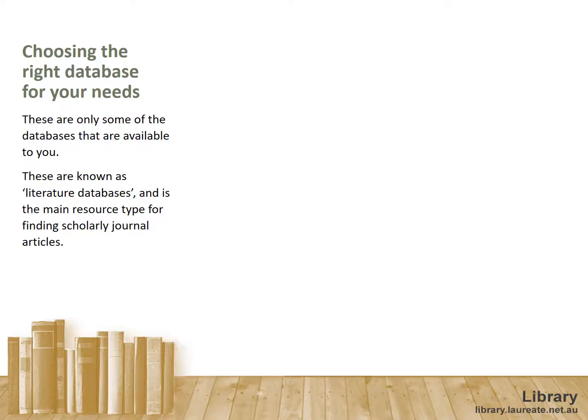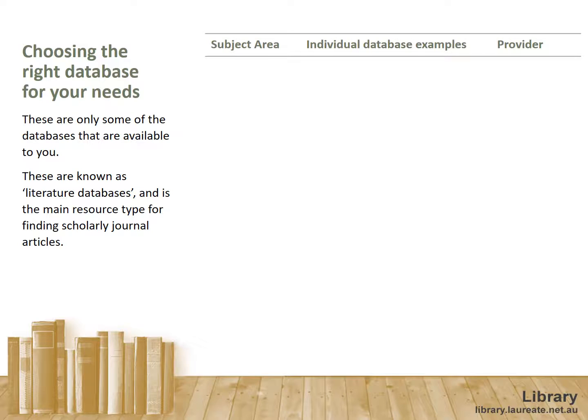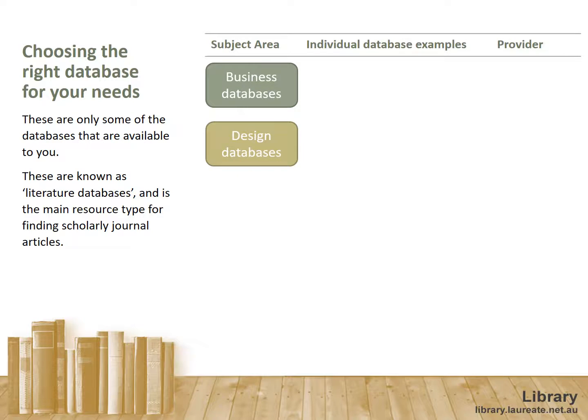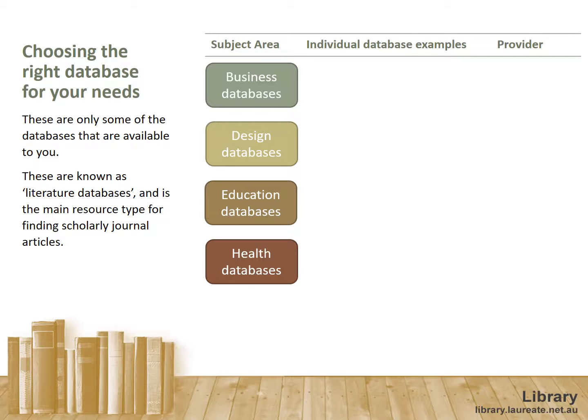So you need to choose the right database for your needs. These are only some of the databases that I'm going to show you here today, but there are many more that you can access via the library. Most databases come with a subject focus.